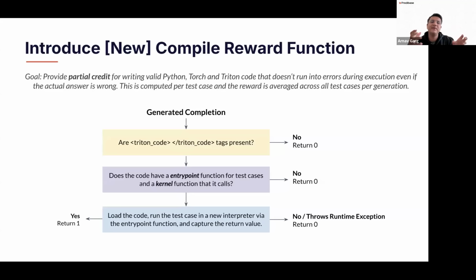So we want to give it some sort of intermediate value to use to go towards the right solution. So yes, to summarize, 3 things: a much more improved and comprehensive format reward function. We update our correctness reward function to check for reward hacking. And we add a compilation reward function to give it partial credit when it can write functional code, even if it doesn't execute correctly. It doesn't produce the right answer at the end.